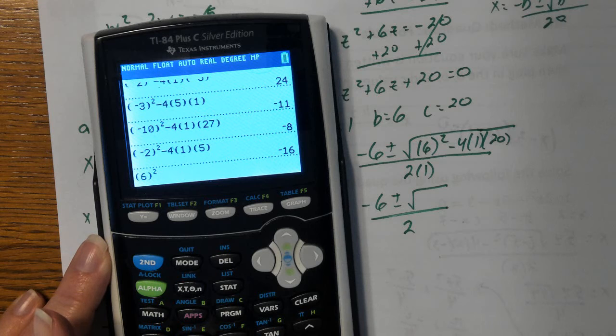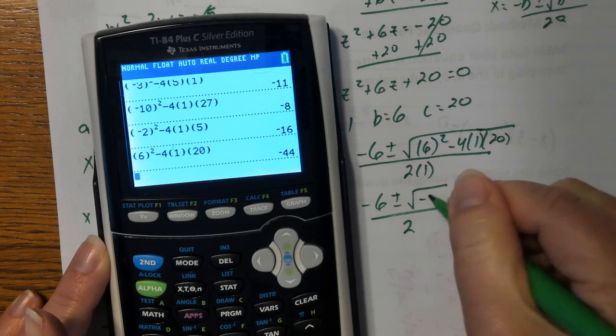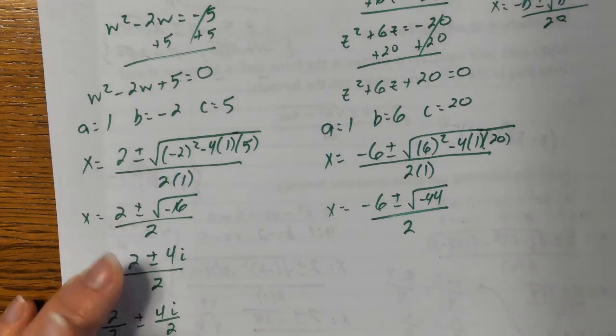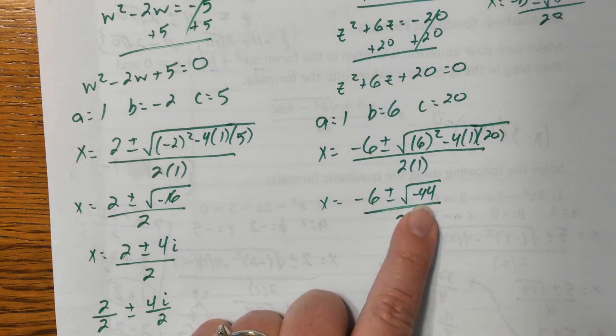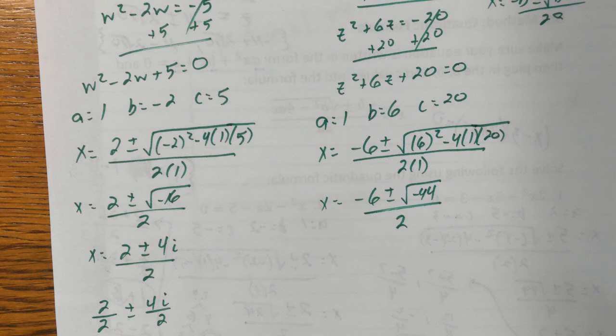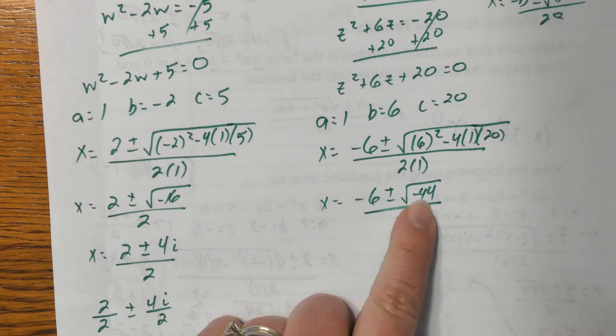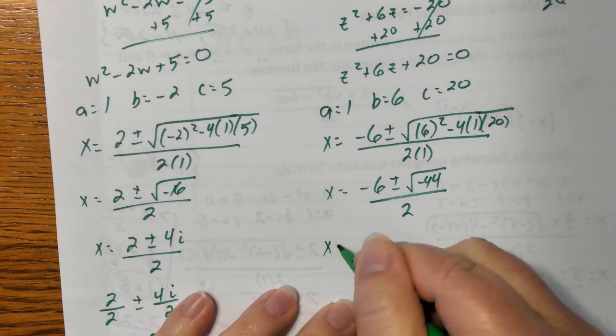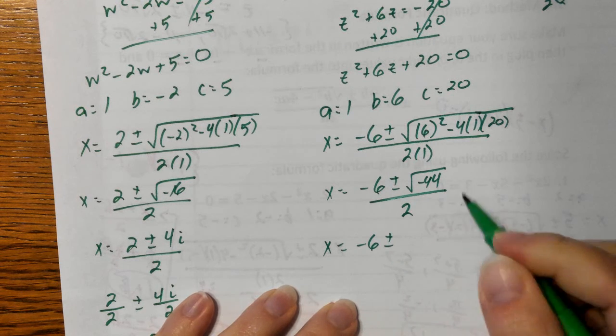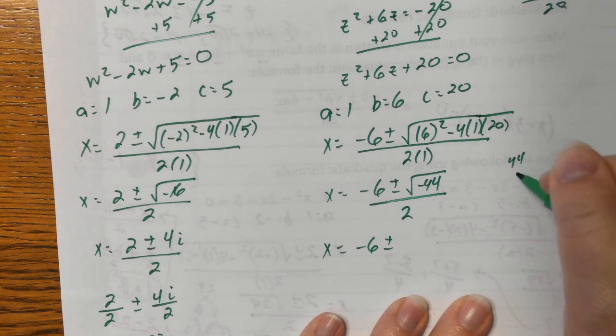So 6 squared minus 4 times 1 times 20. That's negative 44. So we have a negative 44 under the radical. Negatives under the radical mean our answer is going to be imaginary. We can't take the square root of a negative, so it's going to be an imaginary value here. So negative 6 plus or minus, let's see what can come out of root 44.